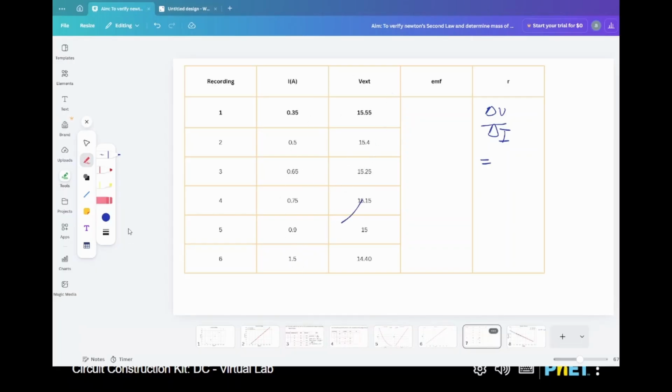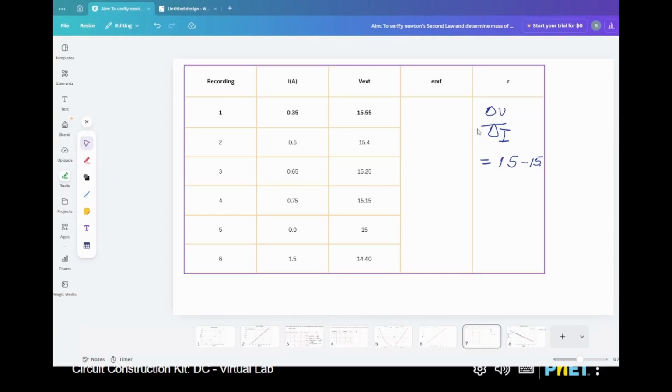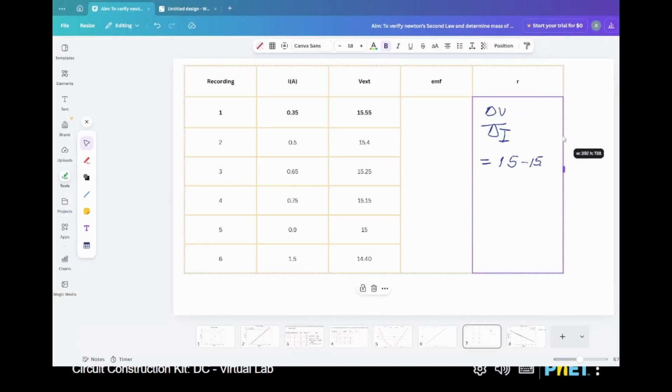So the y-axis is V, and the x-axis is I. So I'll take the value 15, which corresponds to current 0.9. So 15 minus 15.4, which corresponds to the current 0.5.